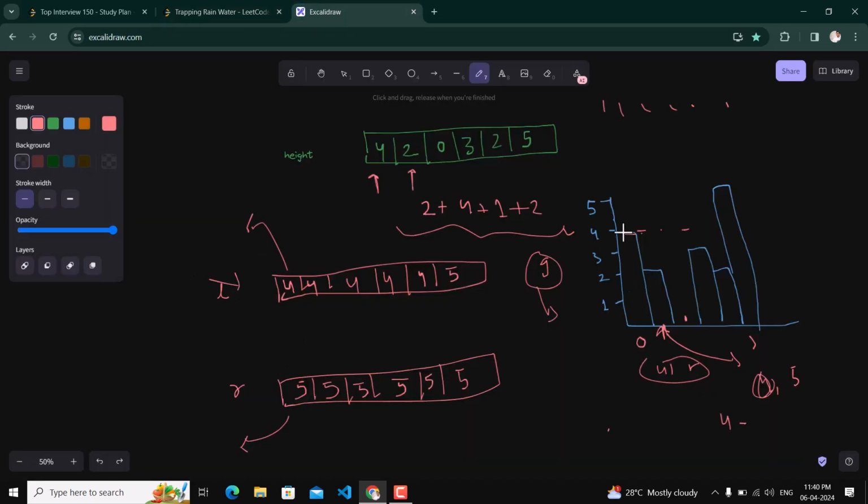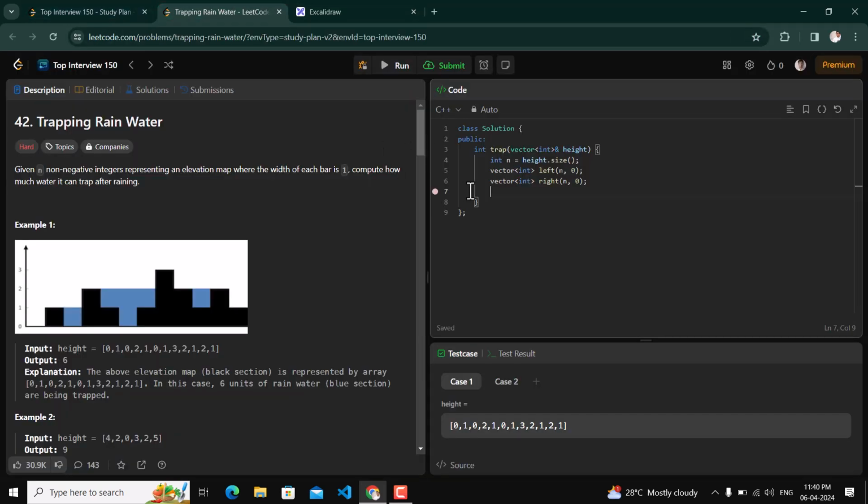As there is no bar on the left of the first and no bar on the right of the last, we will initialize these with the first and the last. So left of 0 is equal to height of 0, and in the same way right of n minus 1 is equal to height of n minus 1.